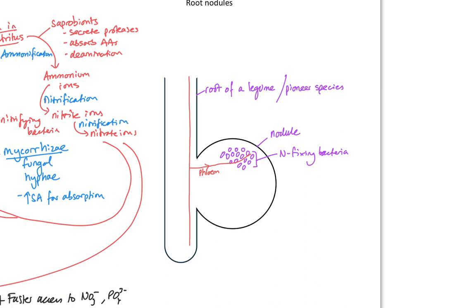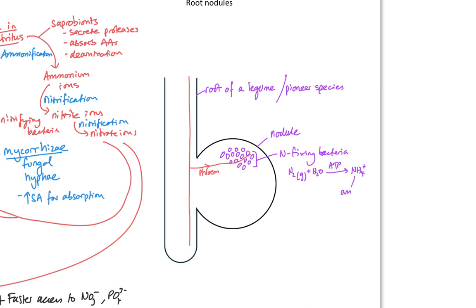And therefore the bacteria are really happy, and they start to do this process where they take nitrogen gas, plus they need some water, plus they need lots of ATP, hence why they need the sugar for respiration, and they make ammonia, NH4 plus, ammonium ions.